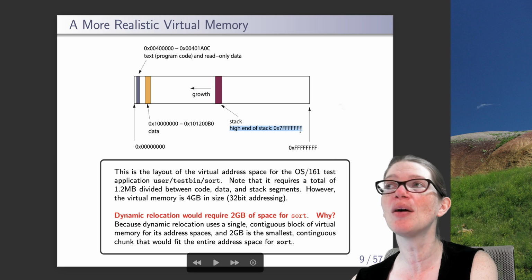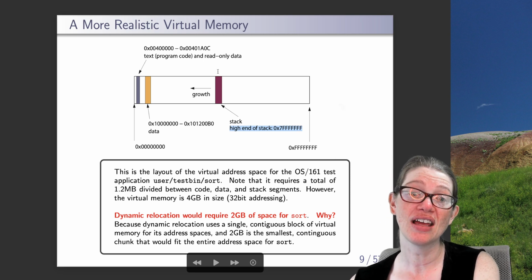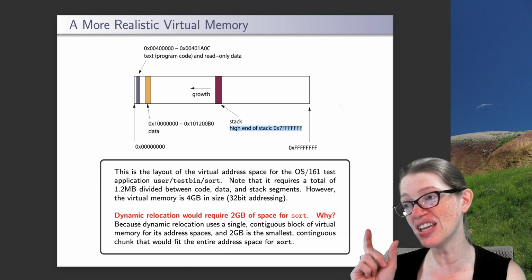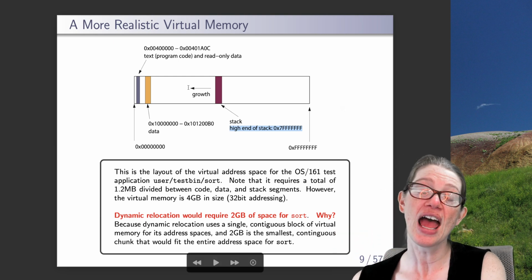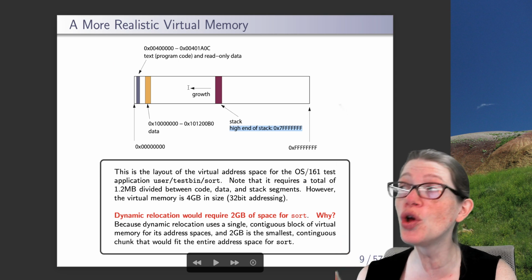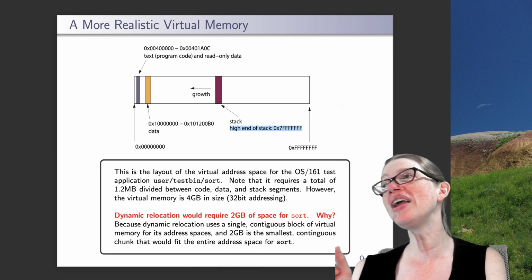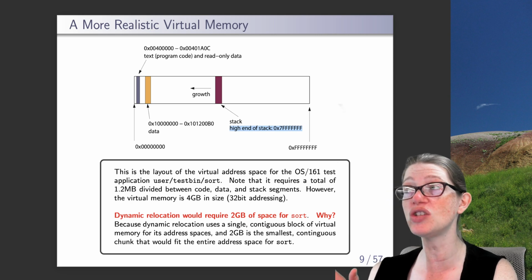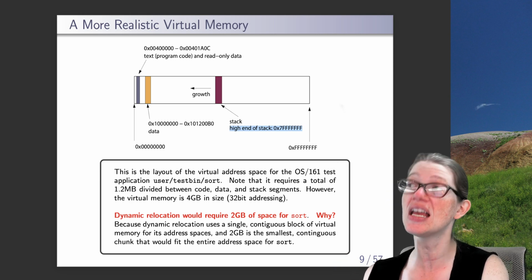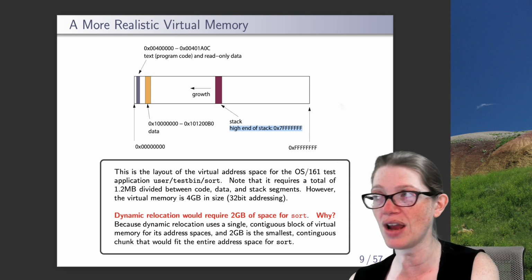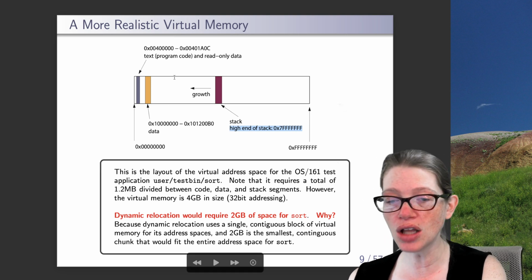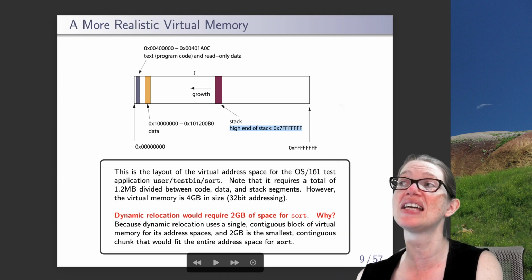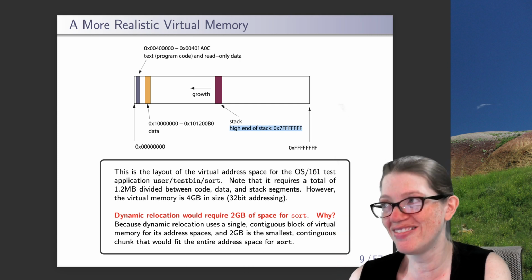Which means that regardless of how much memory we actually are using for dynamic relocation, which requires a contiguous block of addresses, every process would require 2 gigabytes. And what we end up with here is not external fragmentation, because you don't get external fragmentation when every allocation is the same size. You get internal fragmentation here because there are large blocks of memory that are allocated and assigned to the process, but not actually usable.